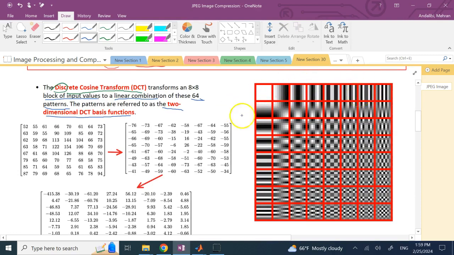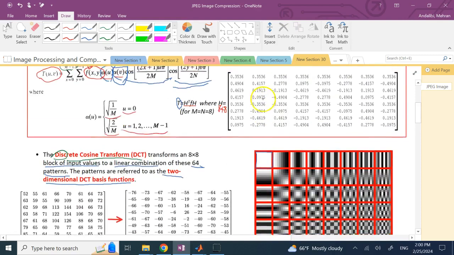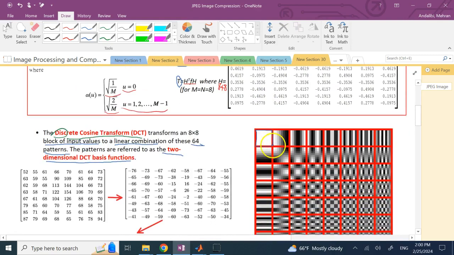If you filter or transform your window by these 64 windows, it is basically like doing a convolution of that window and your 8 by 8, then this window and your 8 by 8, and so on.